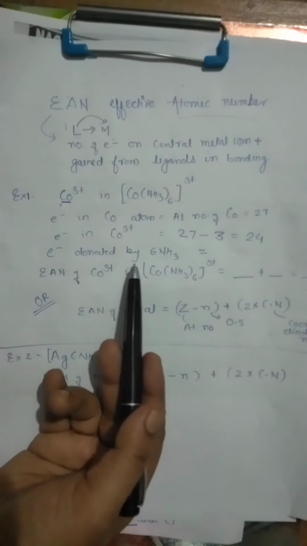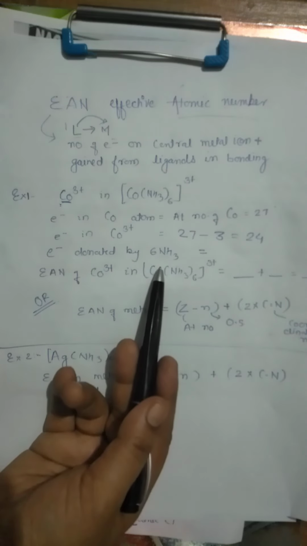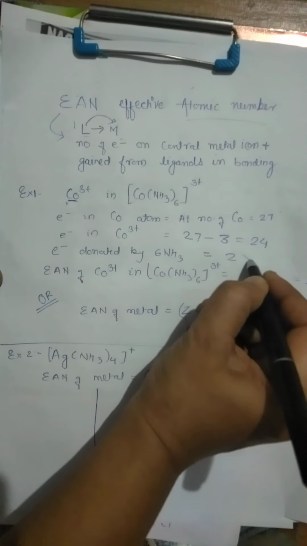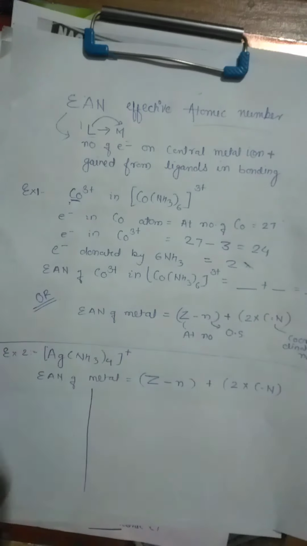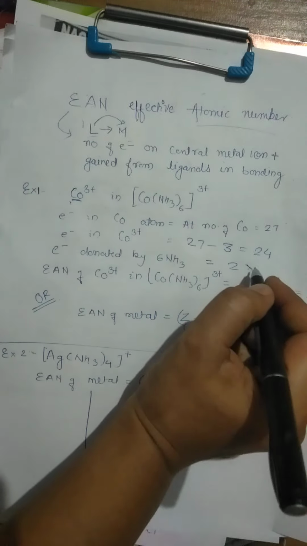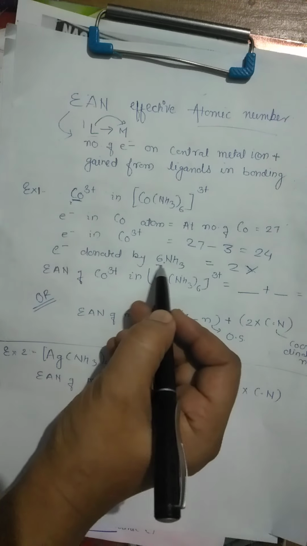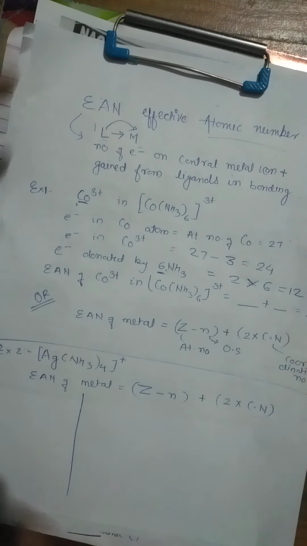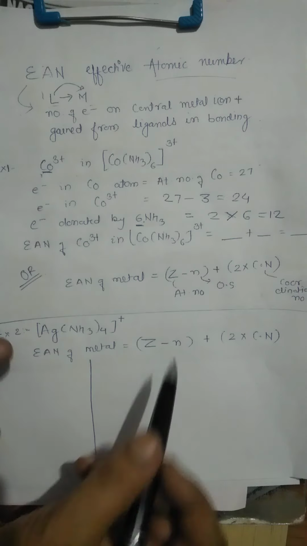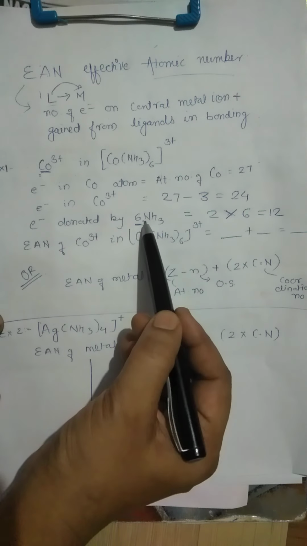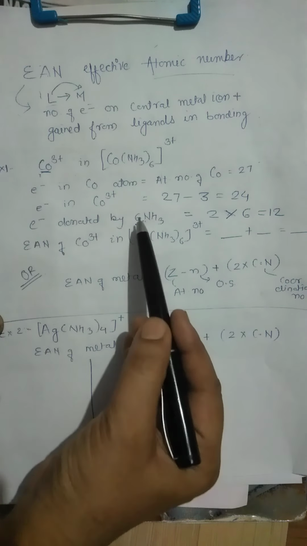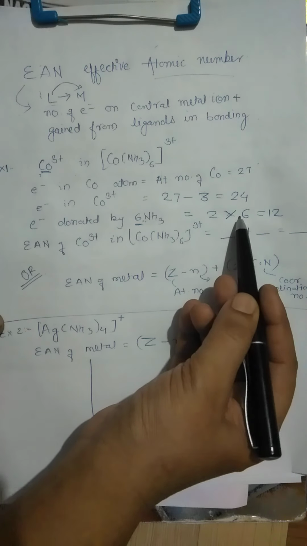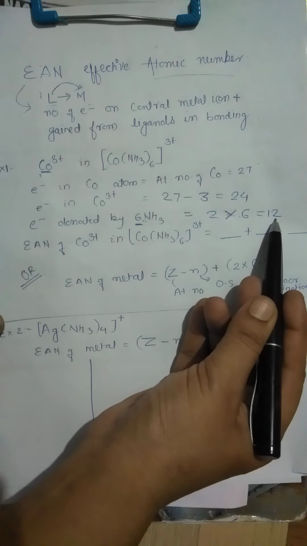So electrons donated by 6 ammonia will be how much? Each bond has 2 electrons. And how many ammonia are there? 6 ammonia molecules. So just make it 12. I hope you have understood how it came. 6 ammonia molecules are there, and each bond always has 2 electrons, so we multiply and it makes 12.